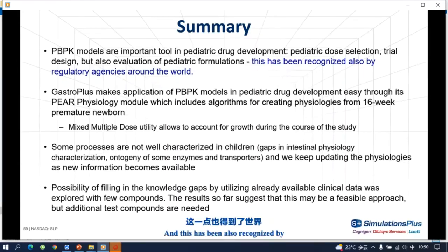And this has been also recognized by regulatory agencies around the world.